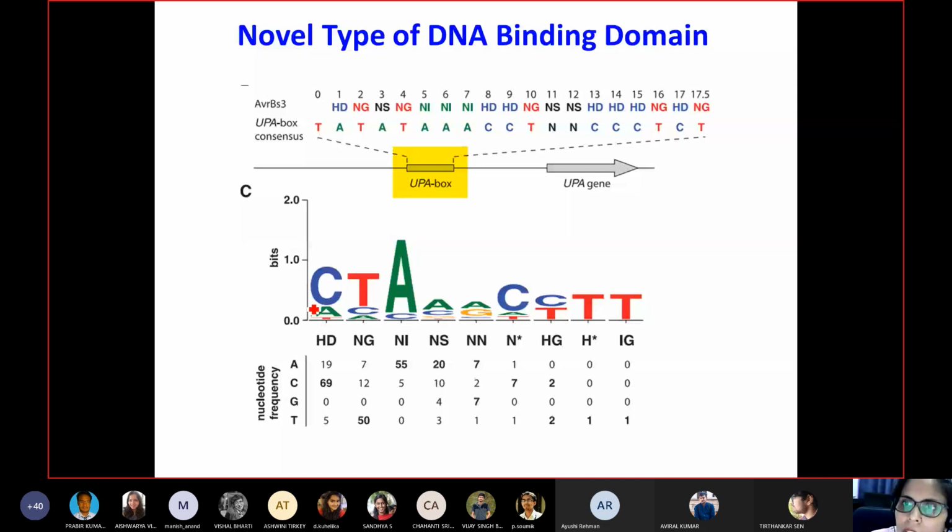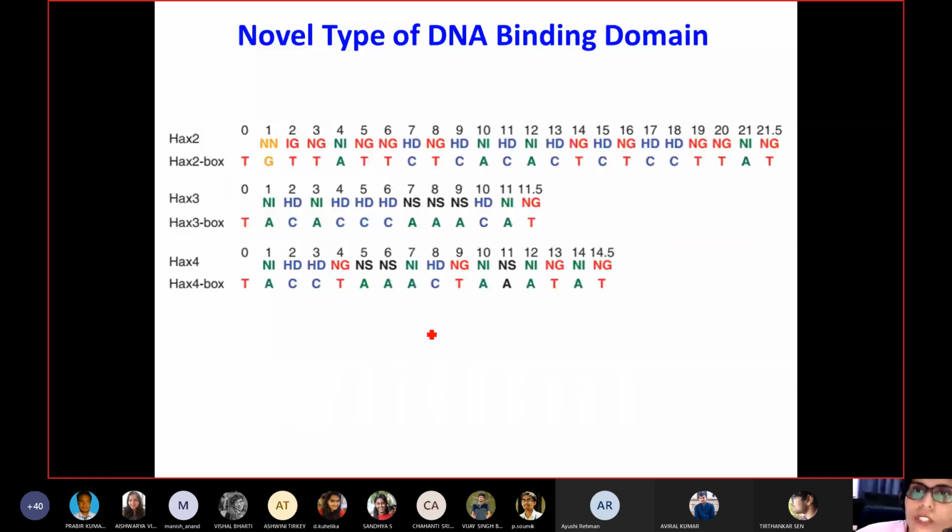Manually they checked for UPA boxes and then they checked for AVR genes. They did everything manually, with some programs to indicate which are the prominent genes. Based on this experiment, next they took, because the code was released, just a minute.